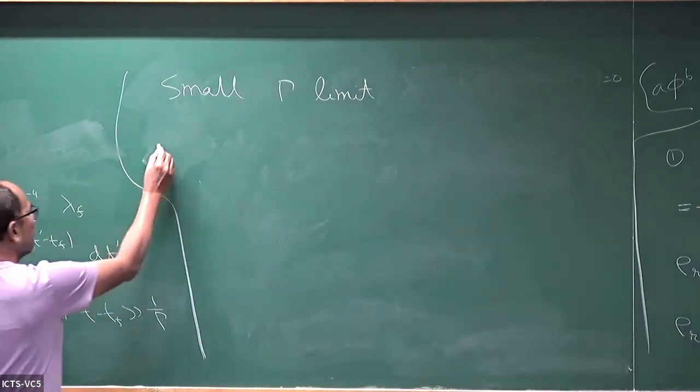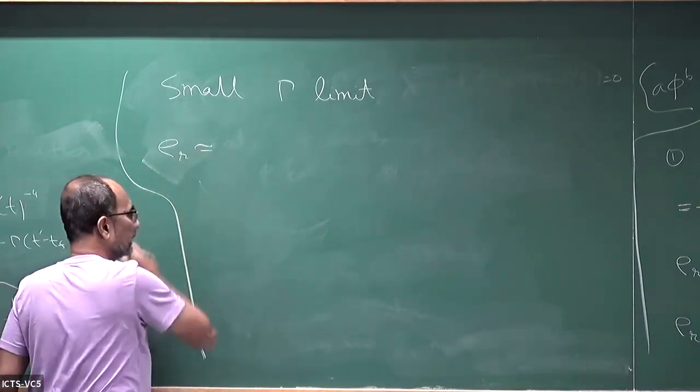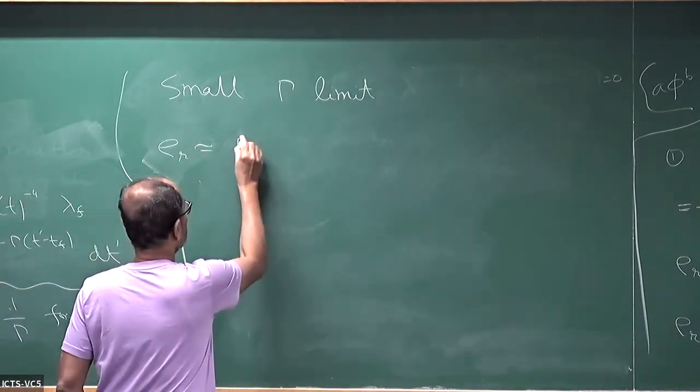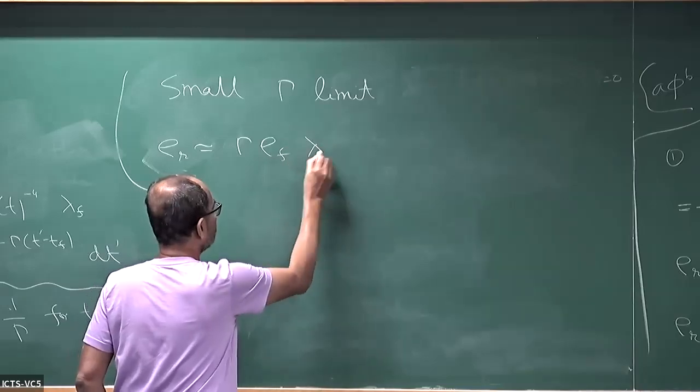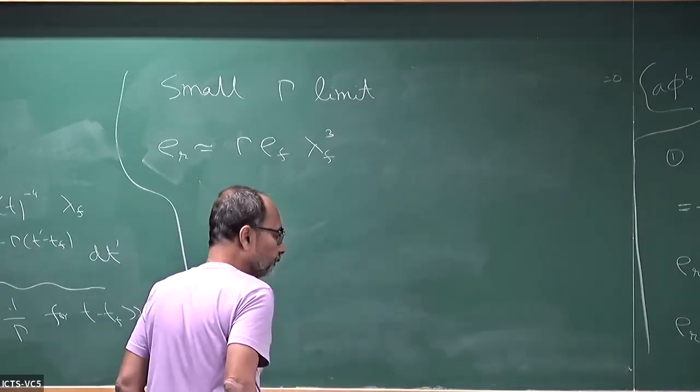And we get rho r equal to gamma rho f lambda f cube.